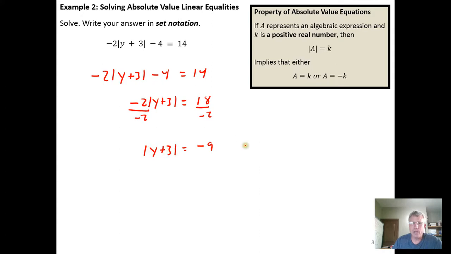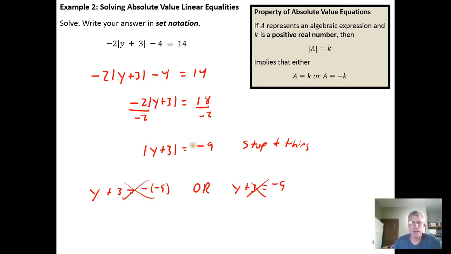And here you need to stop and think. So we don't want to mindlessly just map it out into two equations. Either y plus 3 equals the opposite of negative 9, or y plus 3 equals negative 9, because we would be incorrect if we did that. What we want to do is stop and think. What does the absolute value mean?